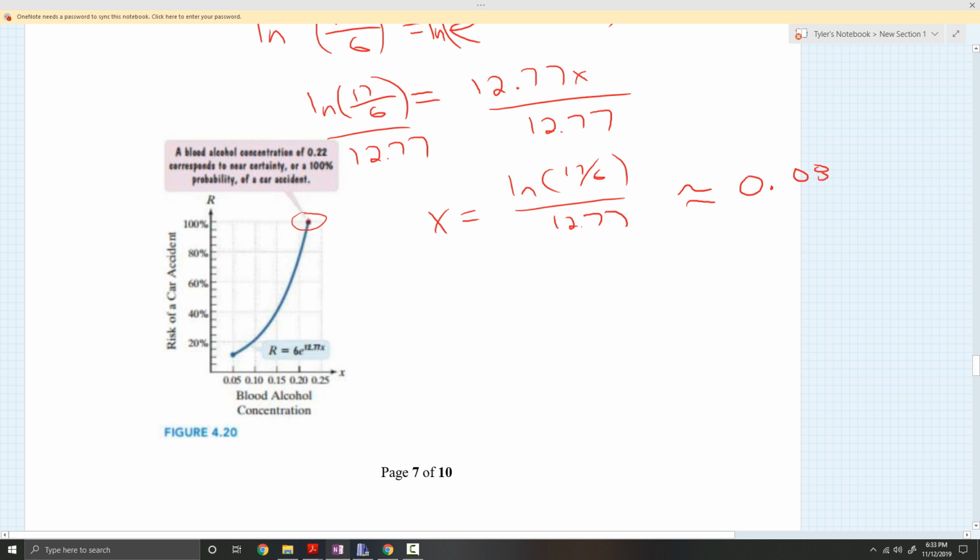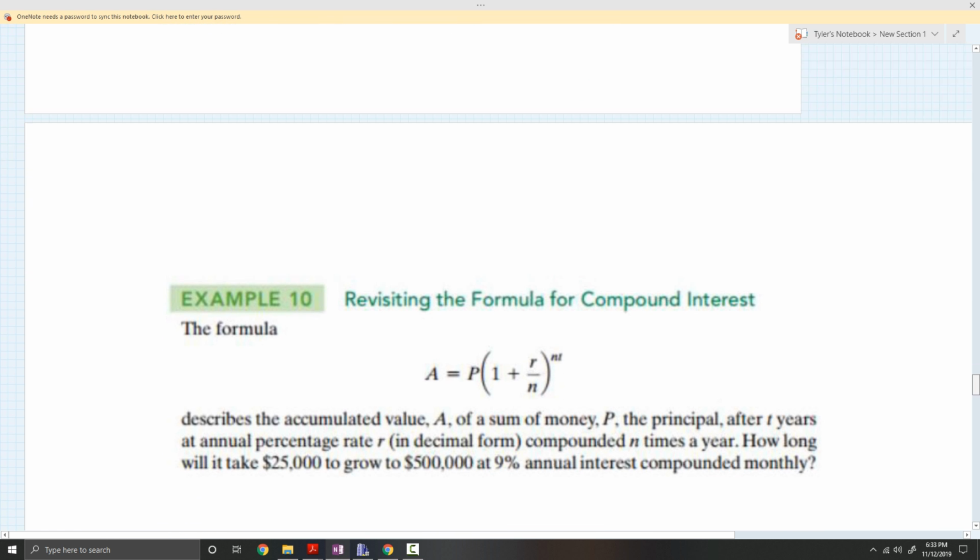So we want the y value, that's 6%, and 17% risk. So our point would have been somewhere in here, in between 0.05 and 0.10 for the x coordinate. So that's what the graph looks like of that function. It's exponential, grows really quickly.